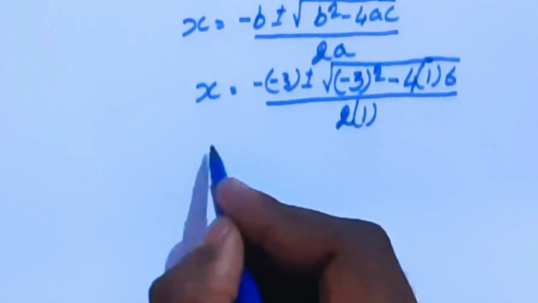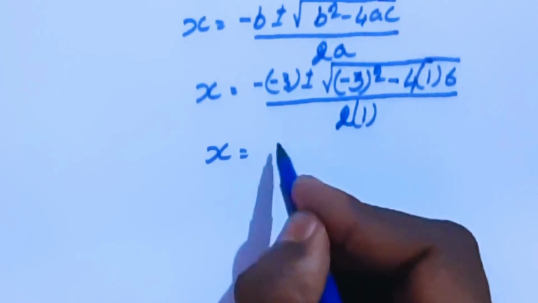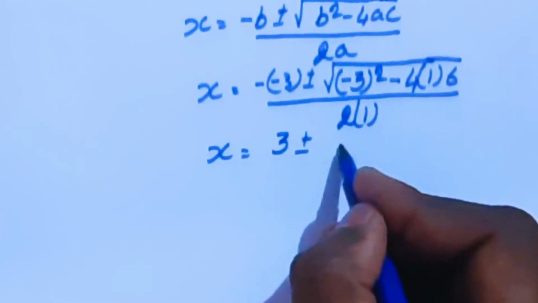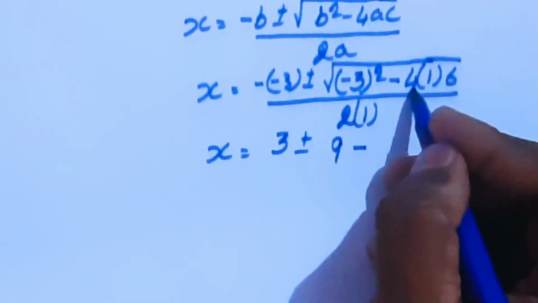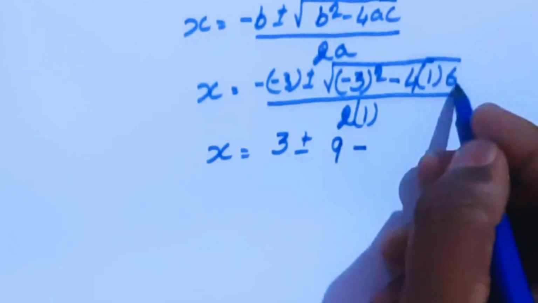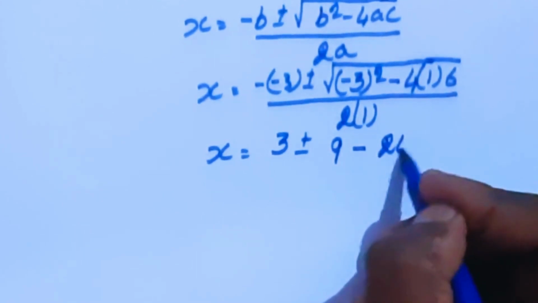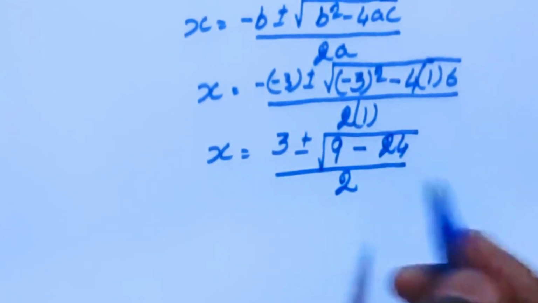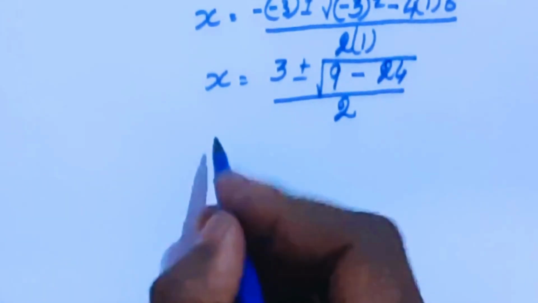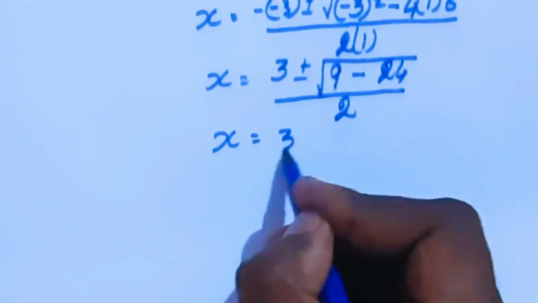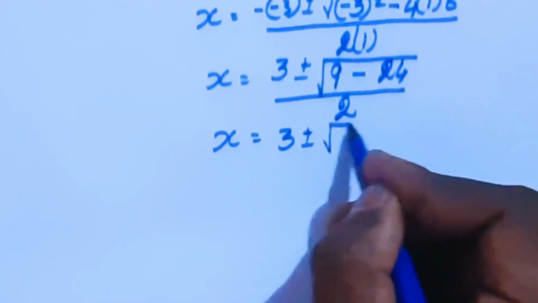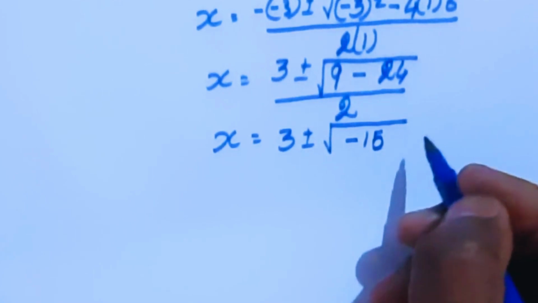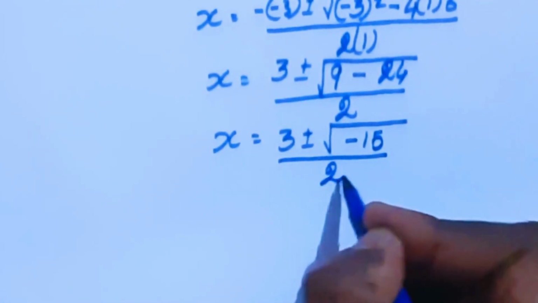Now x = minus into minus is plus 3 ± square root of 3 squared is 9 minus 4 times 1 is 4, 4 times 6 is 24, in square root, divided by 2 times 1 is 2. Now we have x = (3 ± square root of -15) / 2.